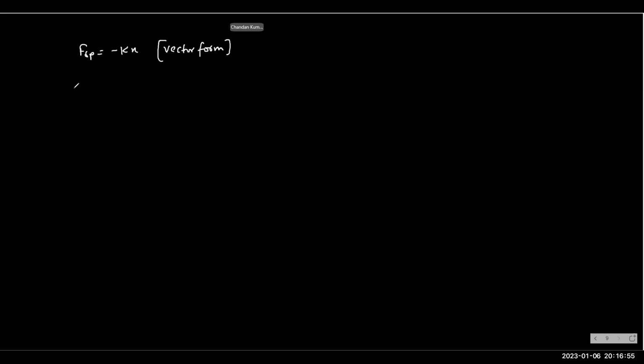But generally in scalar form, or in magnitude, you can just write F_SP equals Kx, where x is the modulus. You can say K mod of x. So when we are solving the numerical, we know x is the value. I will take x as a value and then I will solve the numerical.